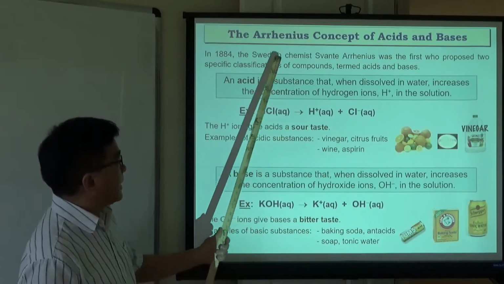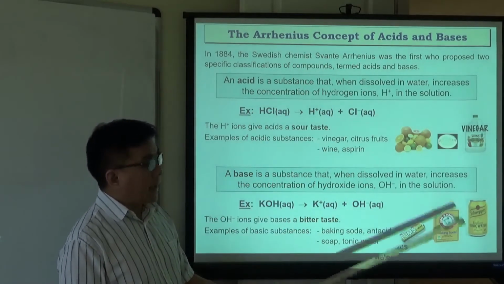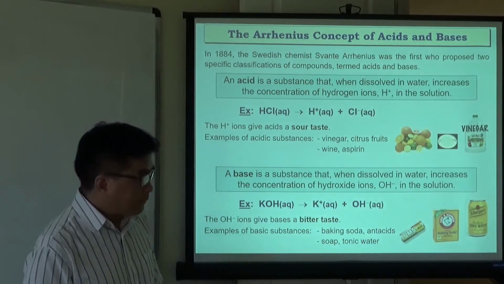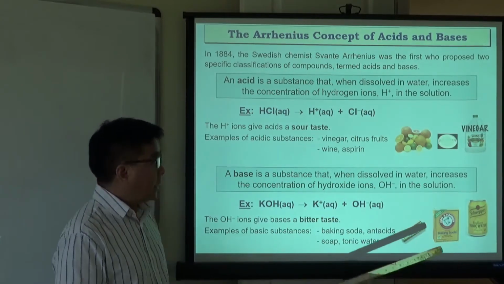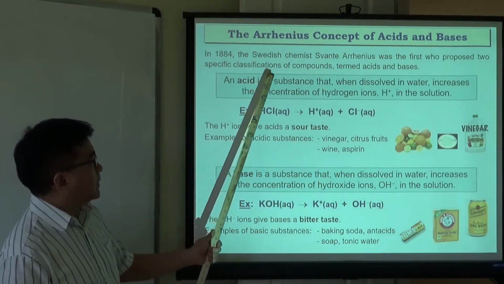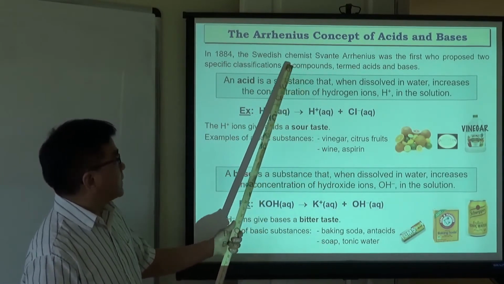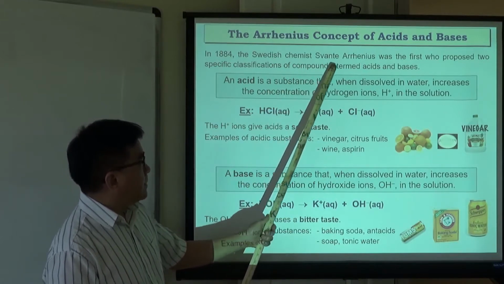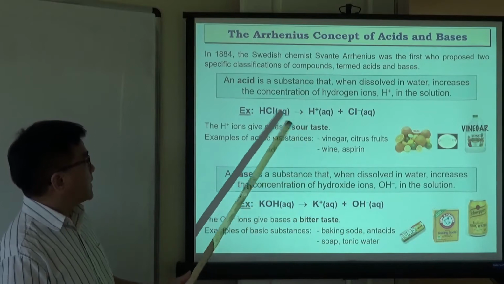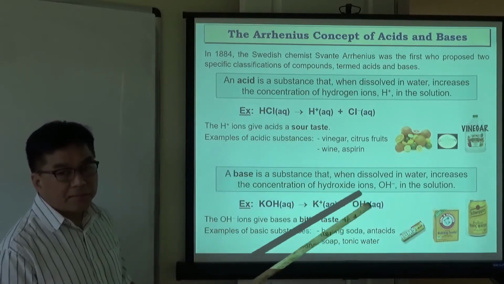The first one is the Arrhenius concept of acid and base, and that's probably the oldest and the simplest one. Back in 1884, a Swedish chemist by the name of Svante Arrhenius proposed the classification of acid and base.